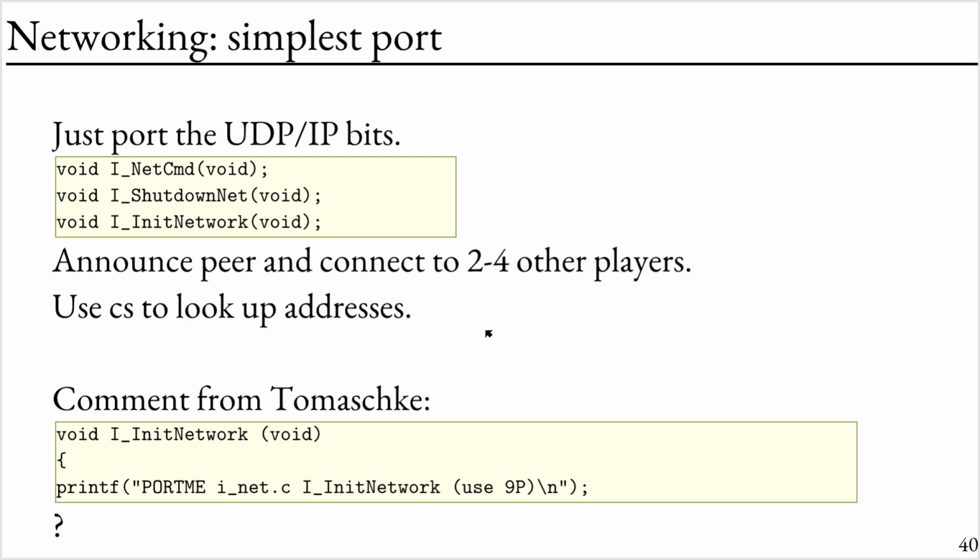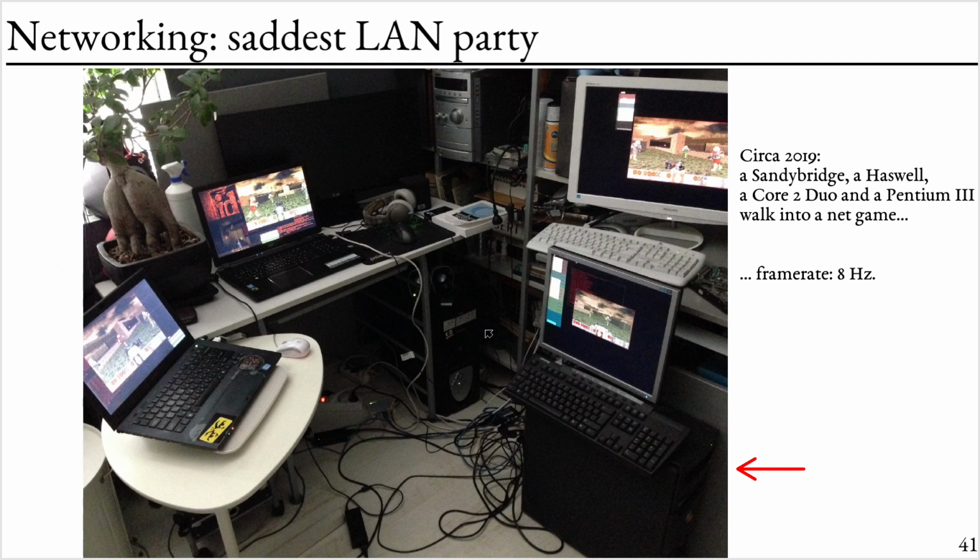You can even use a CS to look up host names and stuff. In the source code, there is a comment about using 9p, but I'm not sure if that... I mean, we can discuss this if you have any ideas about this, but I thought UDP/IP would work in general better, also for performance.